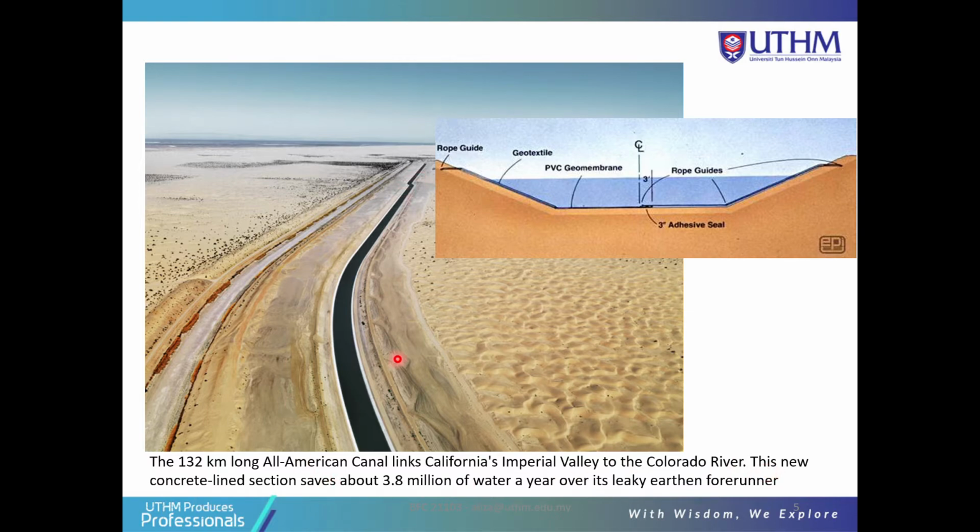This is a canal in the US. This is the view of the canal, a trapezoidal type. They have geotextiles and geomembrane here. So this is man-made.